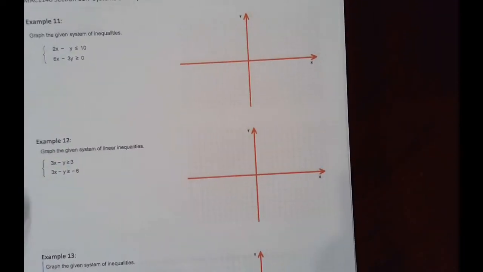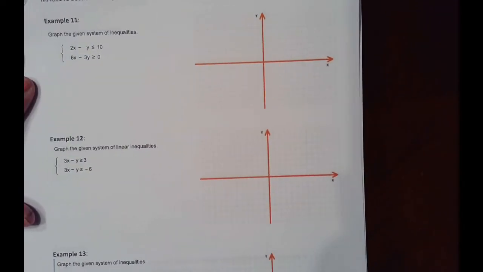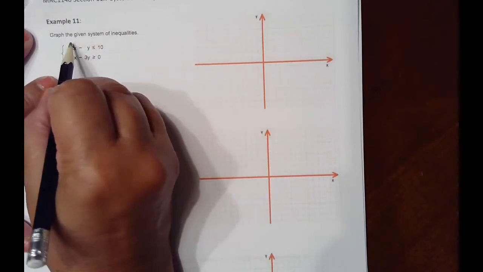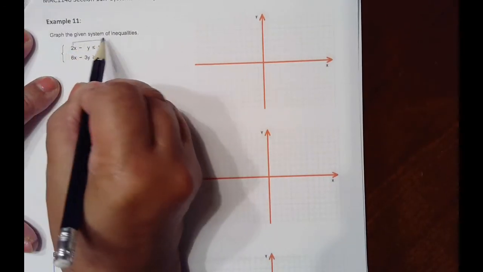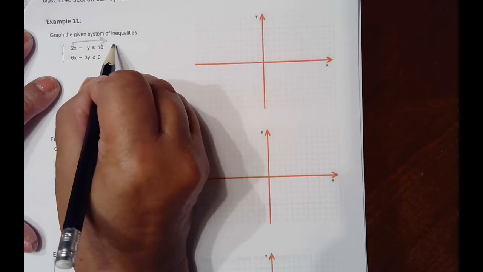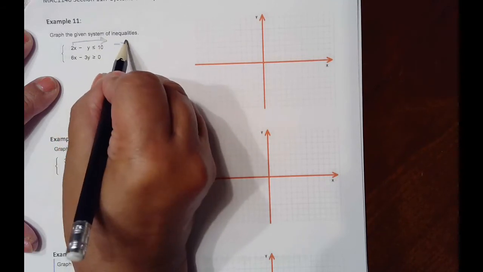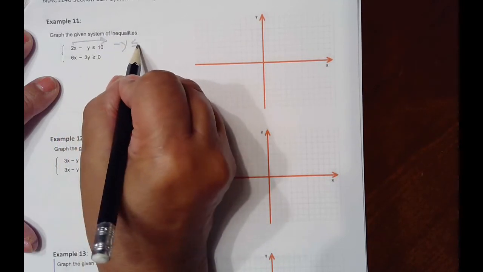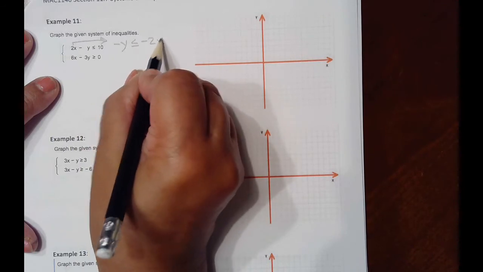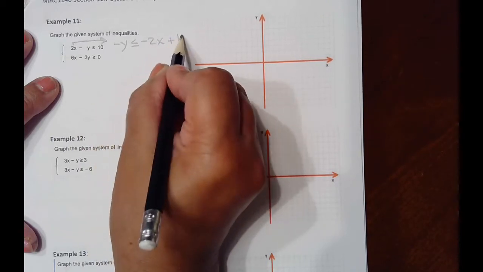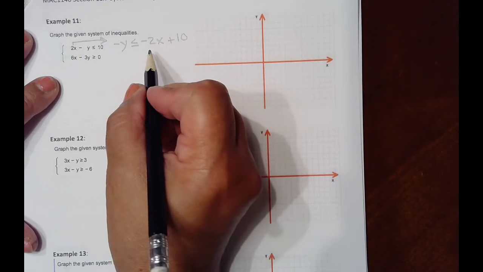Okay, and example number 11. You have another system. We're going to be solving this. So here I'm going to bring the 2x to the other side. And that would be negative y is less than or equal to negative 2x plus 10. I'm just scooting that 10 over to make room for the negative 2x.